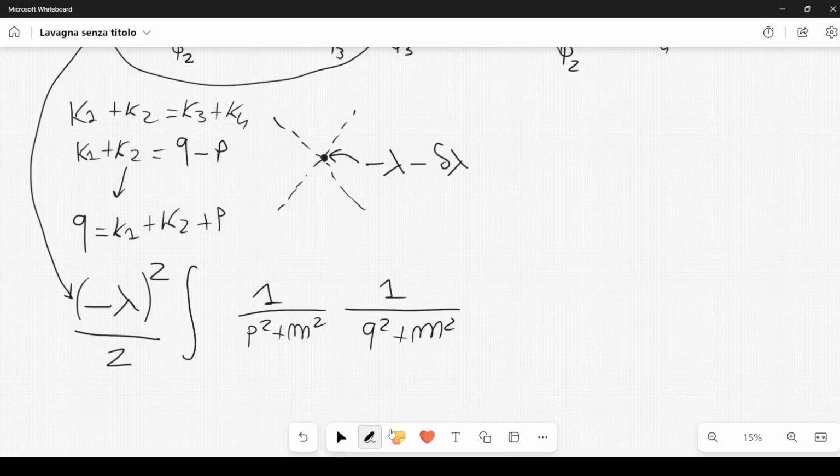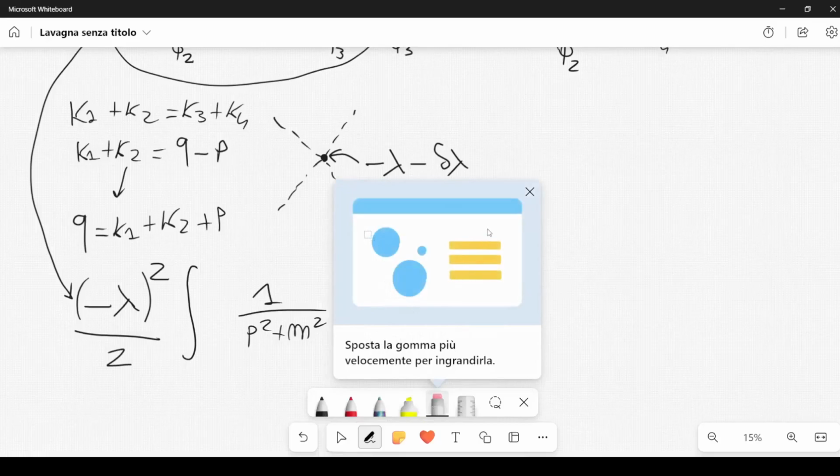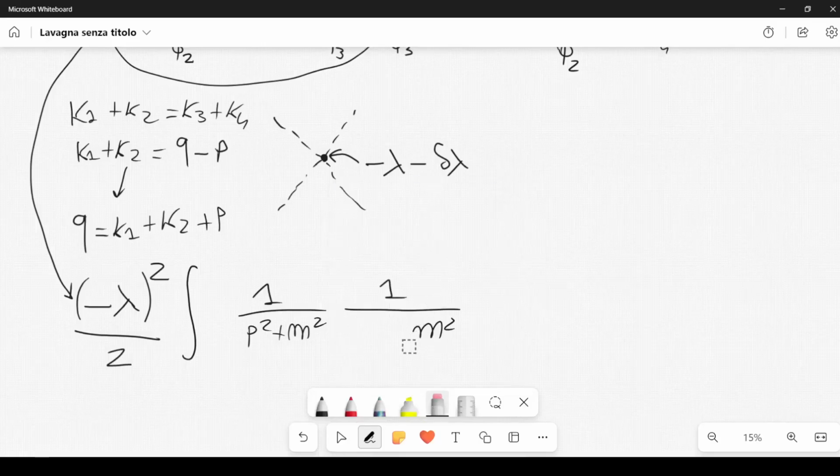So in particular, the expression is, let me do it, I have (p + k1 + k2)^2 + m^2. And now I am left with just the integral over p. So I just have to integrate over p, divided by (2π)^4.